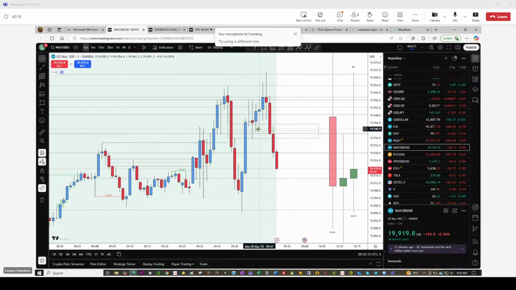Let's see if it can give me something else. I look for a retrace of this move now. Got double gap. Here was our retrace.